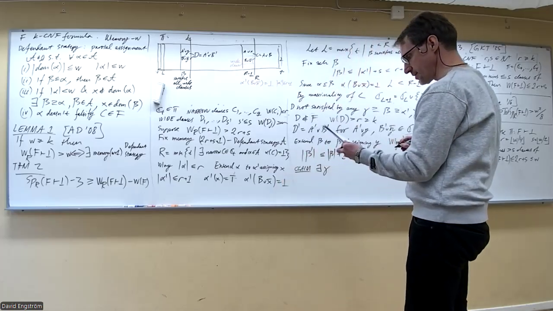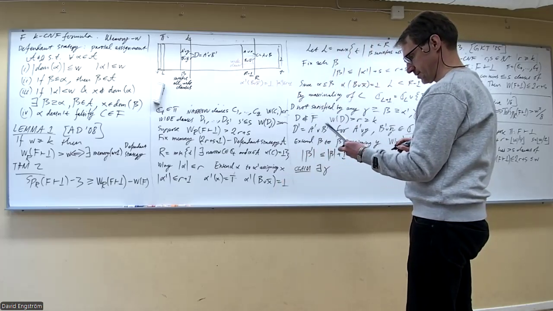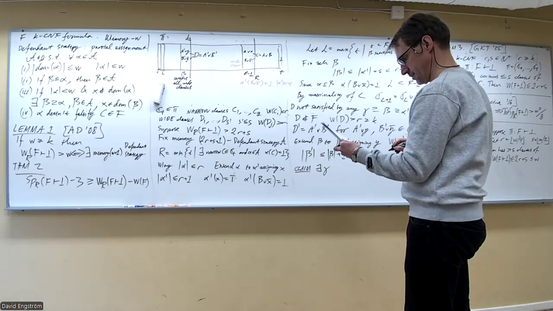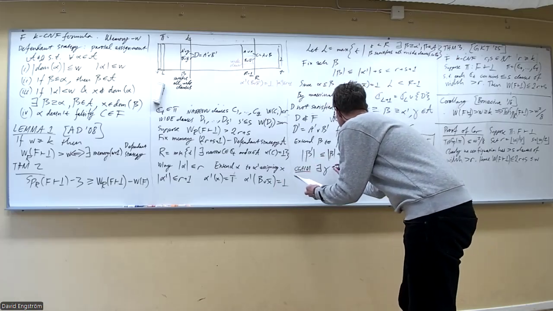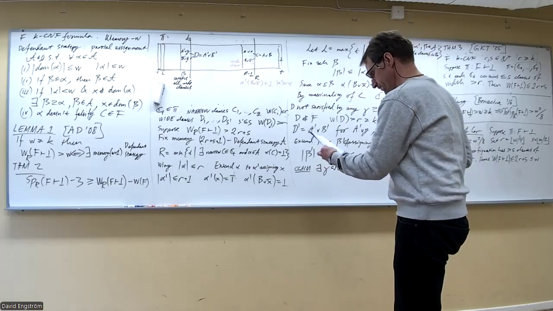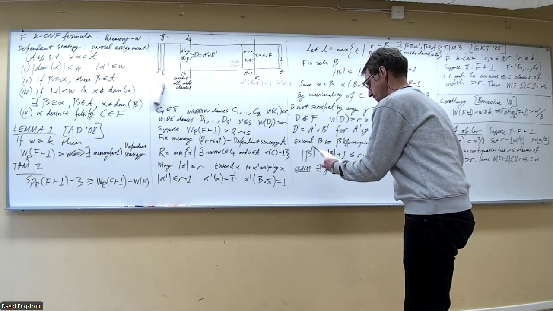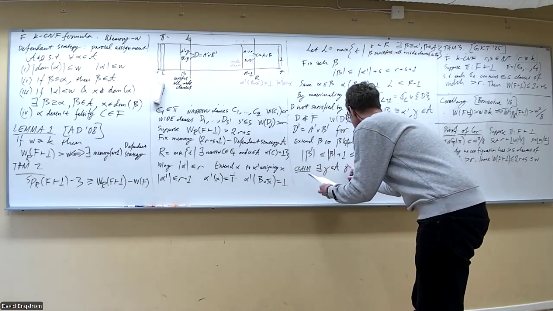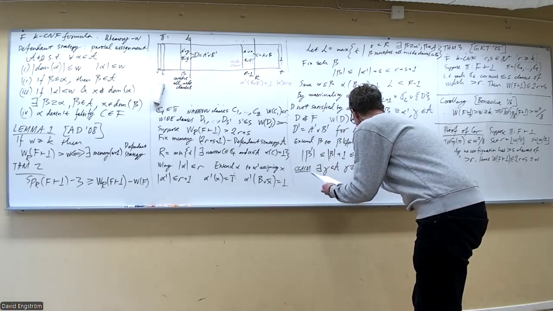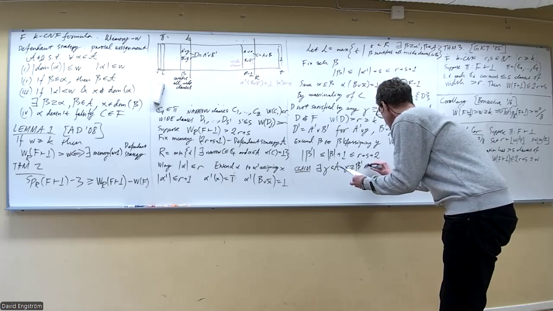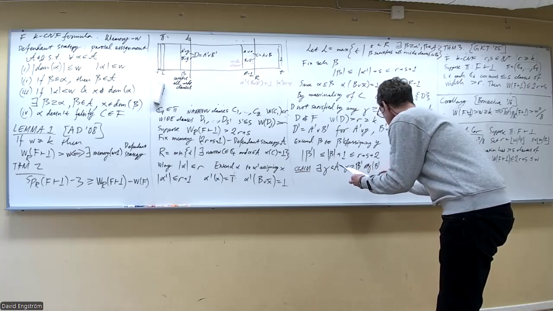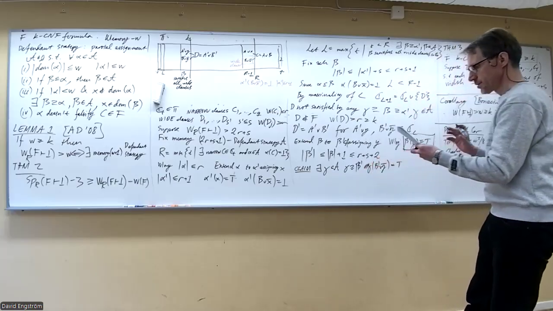I claim that there is a gamma in the strategy, and gamma is a superset of beta prime, and gamma sets beta prime or not Y to true.